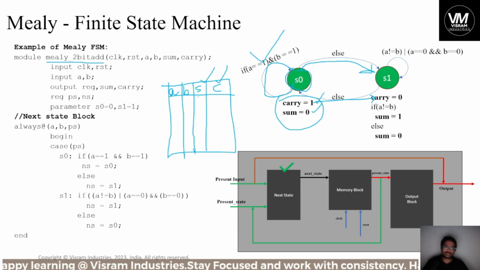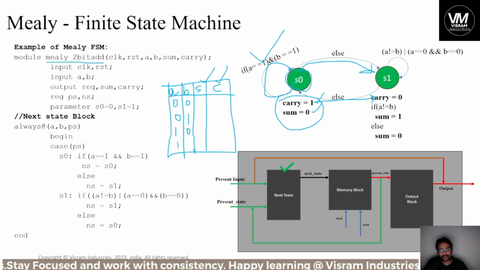Or if it is staying here with the same condition true, the output we are seeing is carry 1 and 0. So for example, let us take the input values of A and B as we usually do. When it is 2-bit, we start with 0 0, 0 1, 1 0 and 1 1. Technically, in binary terms, these are the two inputs, but in decimal format, for understanding, you can write them as 0, 1, 2 and 3.